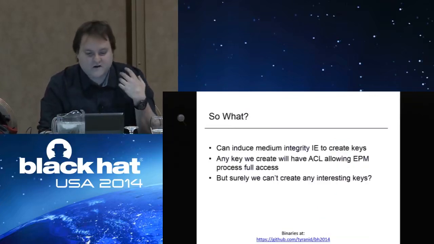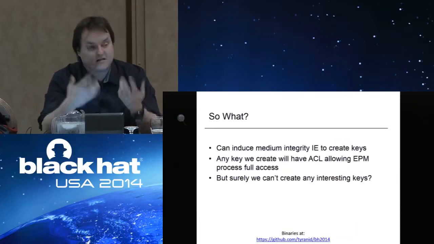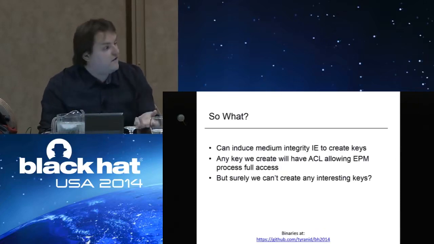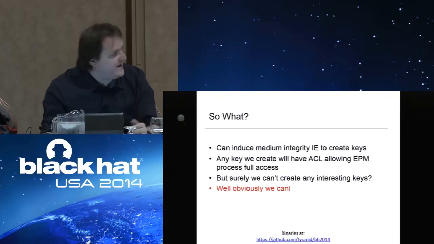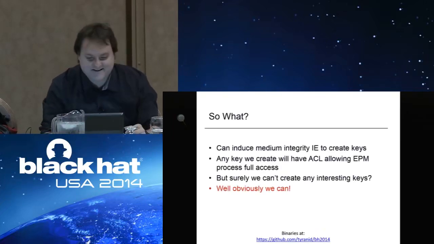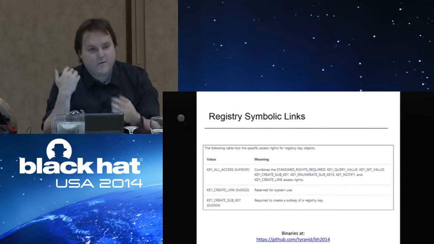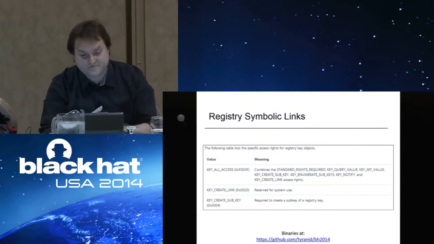Because we can, in theory, induce the user level version of IE to create this registry key, but we can modify it from the Sandbox process. So can we exploit that? Well, clearly we can, otherwise I wouldn't talk about it. And this comes down to one of the techniques of attacking registry access in the low privilege process.